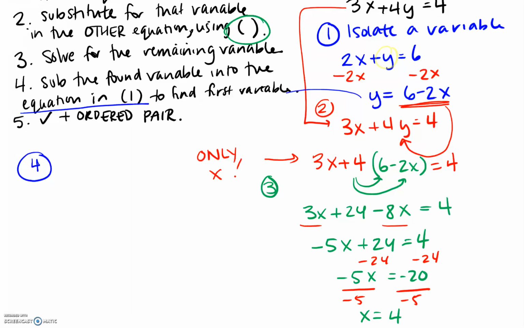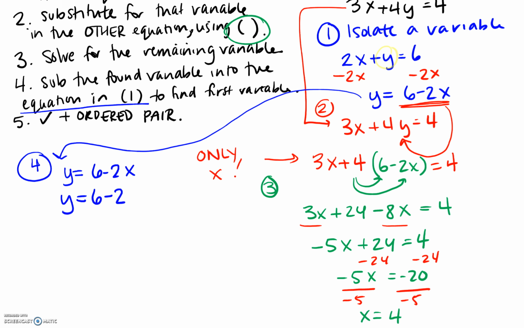So I'm going to bring back the equation we subbed in, y is equal to 6 minus 2x. This should be the easiest thing to use because we need y and we have x, and that's exactly how this equation is set up. So if we plug in y is equal to 6 minus 2, and then plug in that x we found of 4, and finish that up, we get 6 minus 8, which is a negative 2.